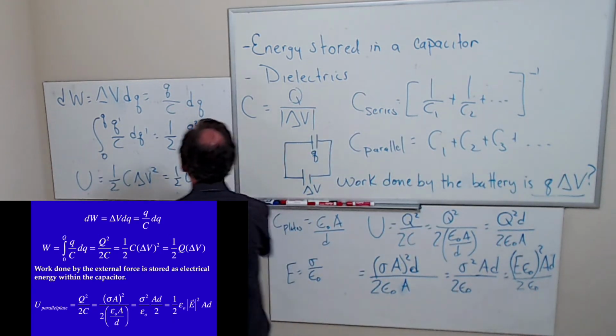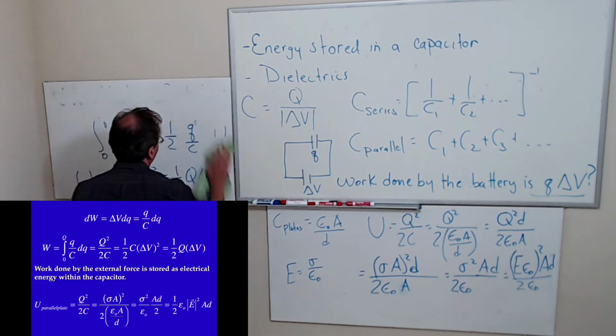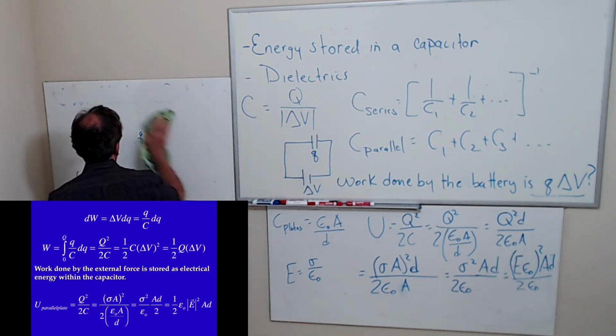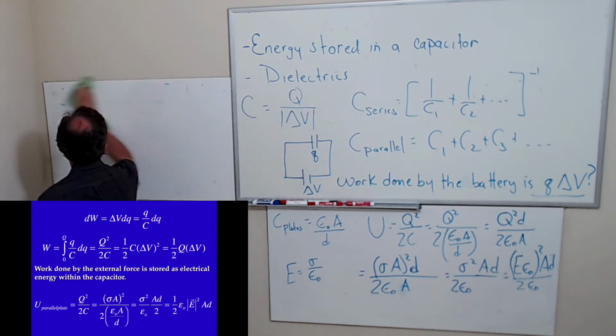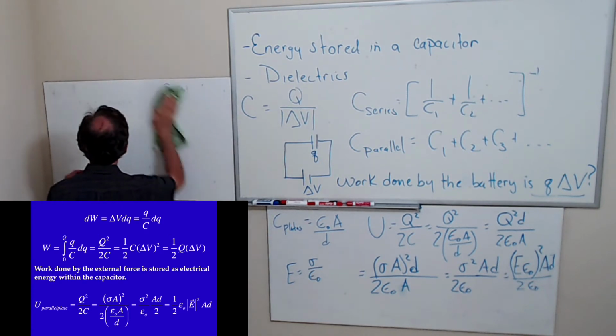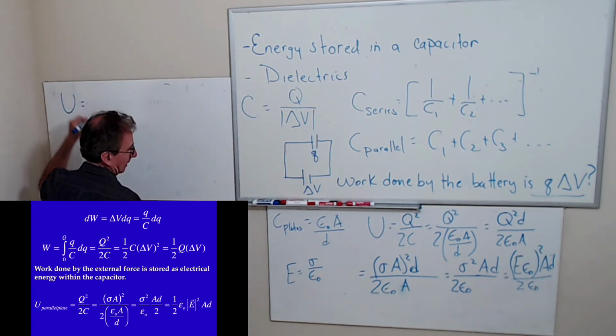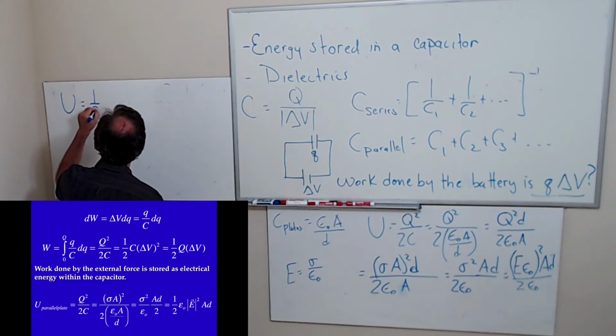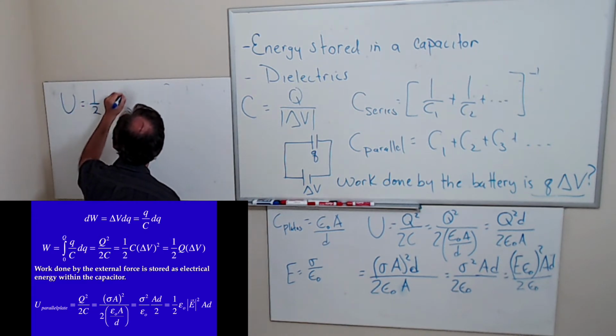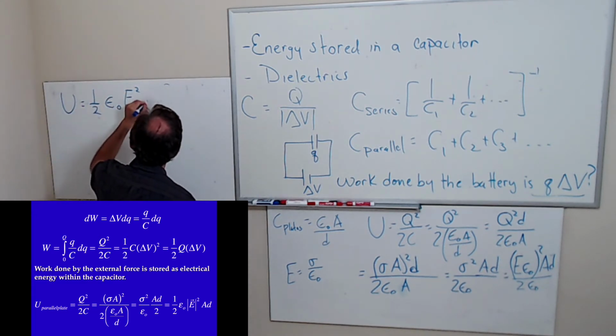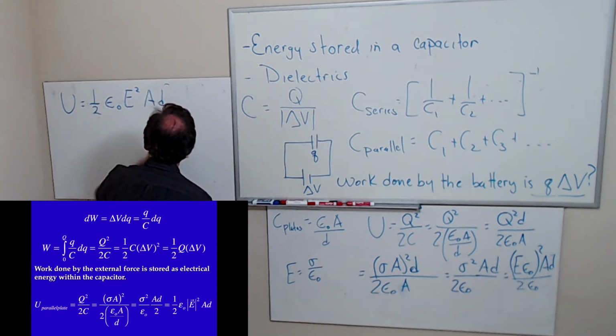And we get this expression that U is equal to 1/2 epsilon naught E squared AD.